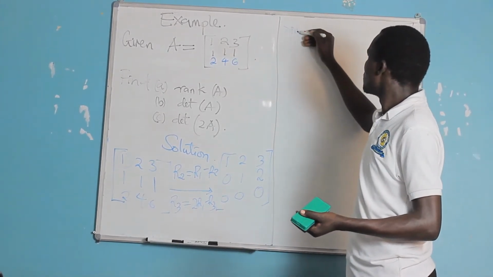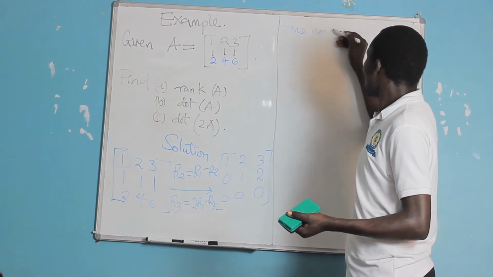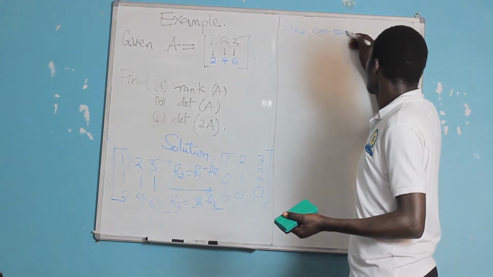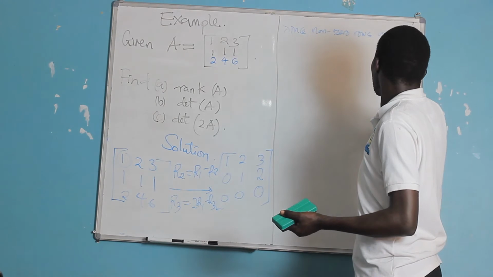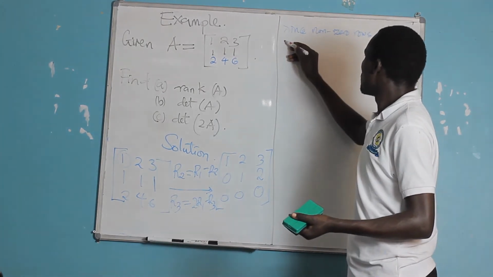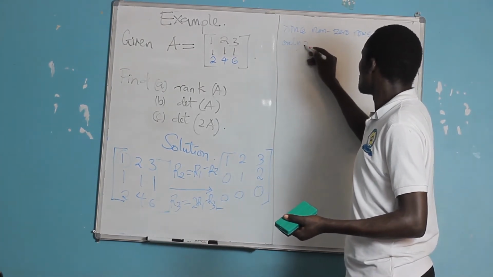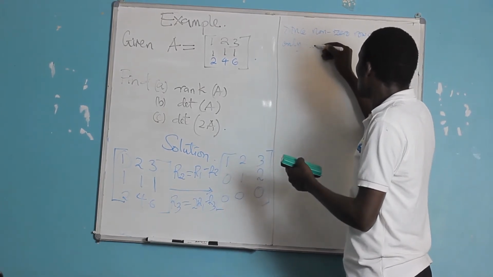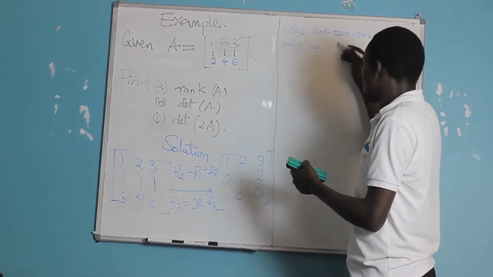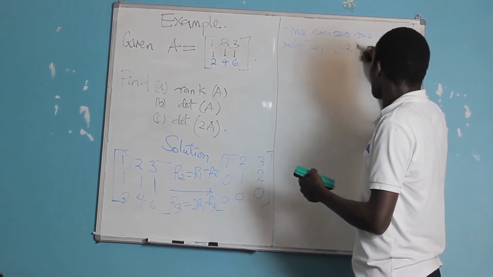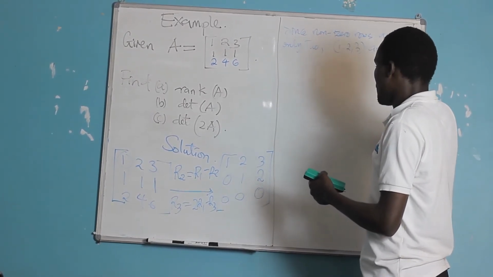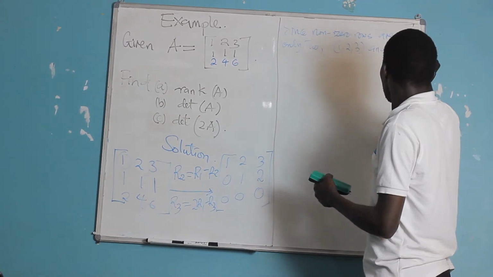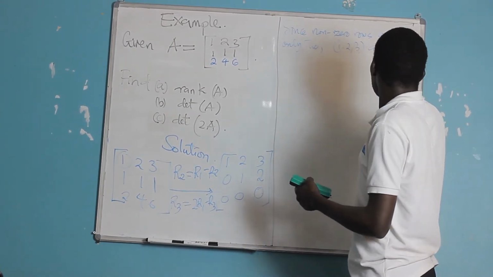Since the non-zero rows are only 2: 1, 2, 3, and 0, 1, 2.